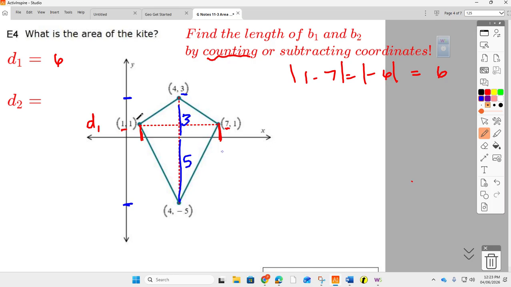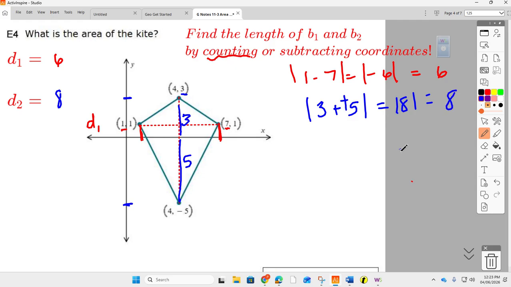The other option, like I said, is to subtract the coordinates. It doesn't matter if I go from here to here, or the top one to the bottom one. As long as you take the absolute value, you get the same thing. So 3 minus negative 5, absolute value of positive 8 is 8.